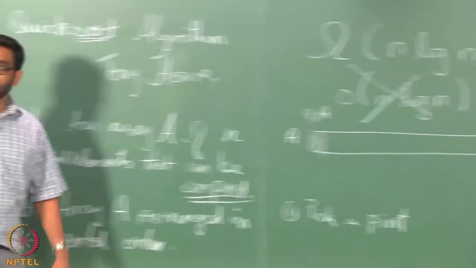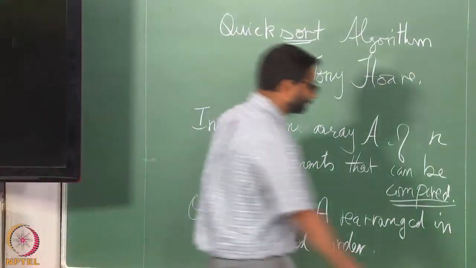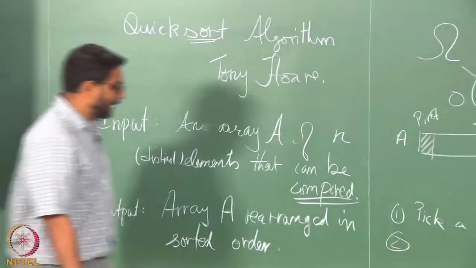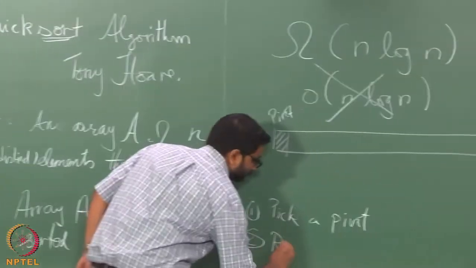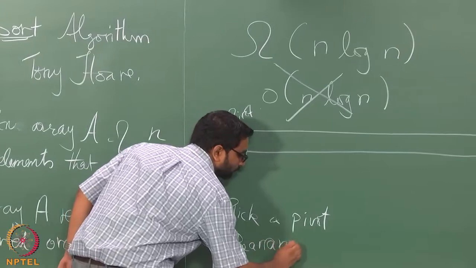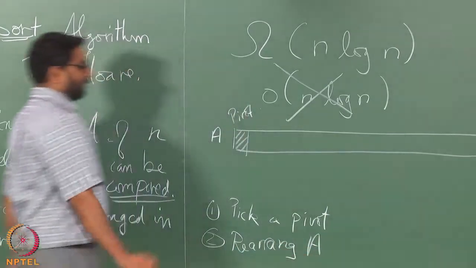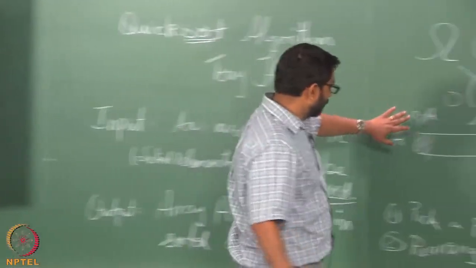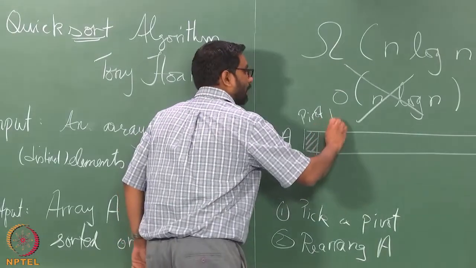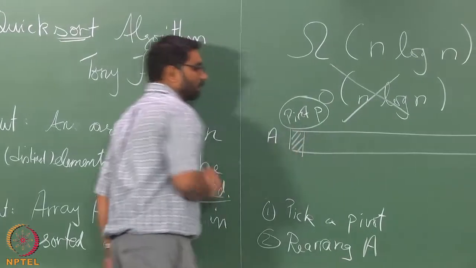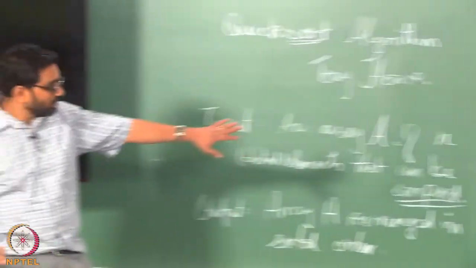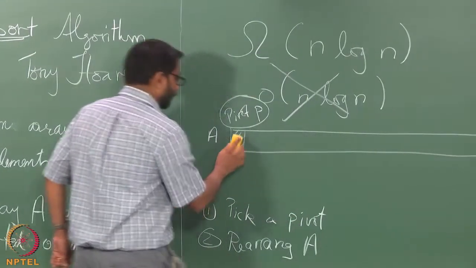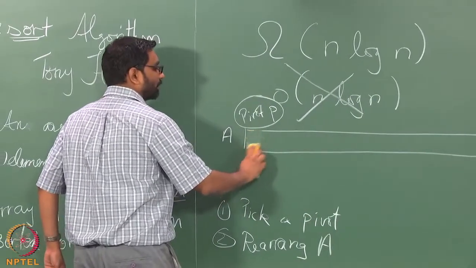The second step would be to rearrange the array A such that elements that are less than the pivot, and let's call this pivot P, come to the left of the pivot.